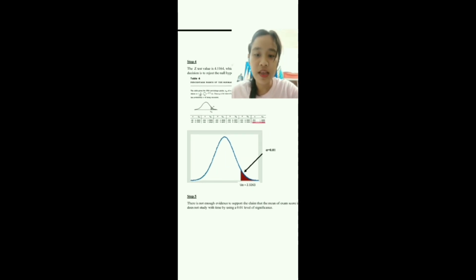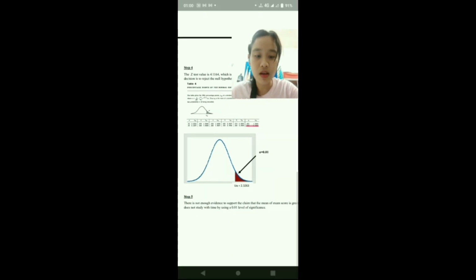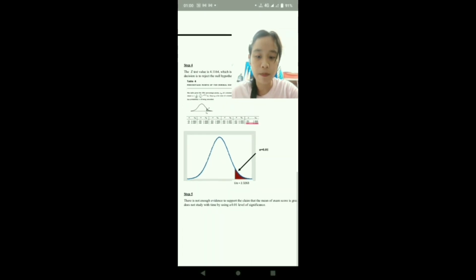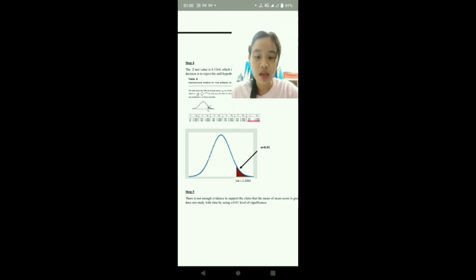For step 5, the conclusion: there is not enough evidence to support the claim that the mean exam score is greater if one does not study with time, using a 0.01 level of significance.